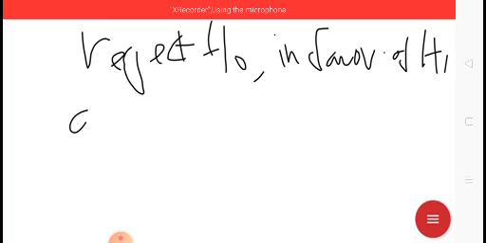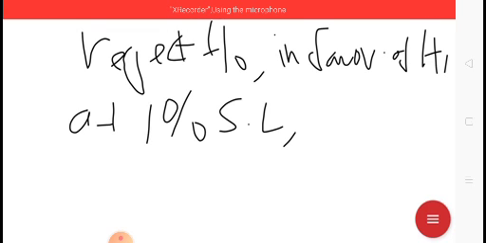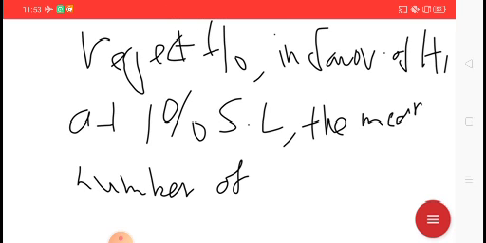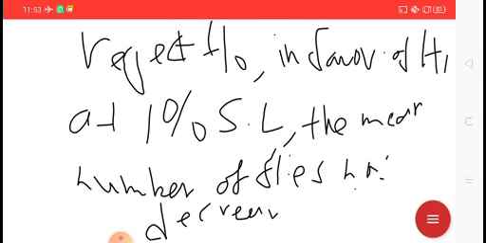So you can say that at 1% significance level, the mean number of flies has decreased is supported.